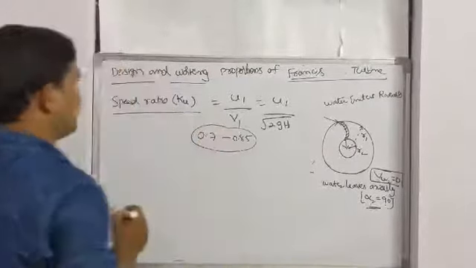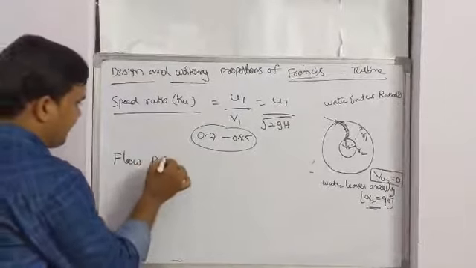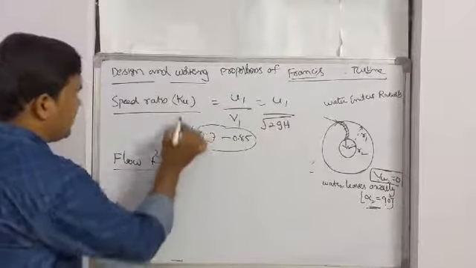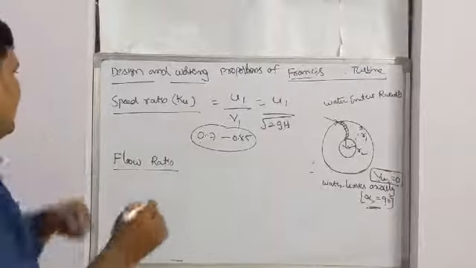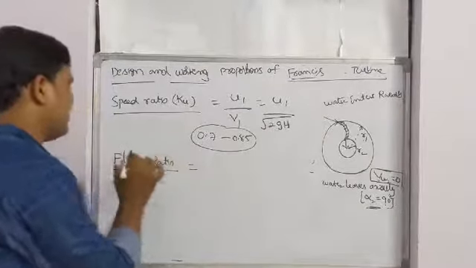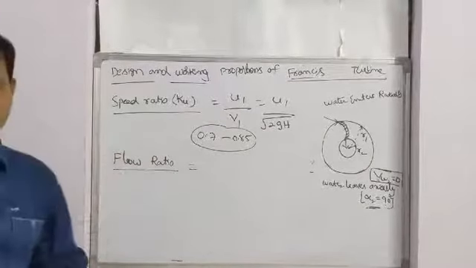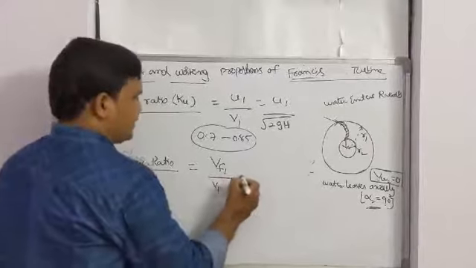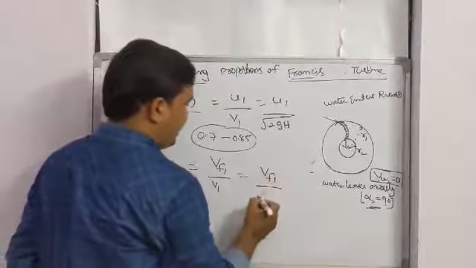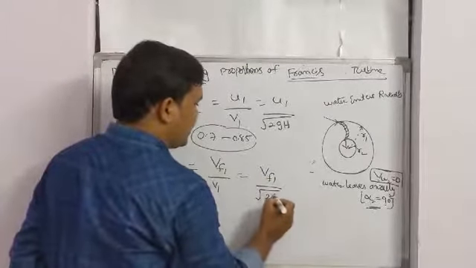And coming to the flow ratio, this is a new term in a Francis turbine. In the Pelton wheel turbine we discussed only the speed ratio, but in a Francis turbine and Kaplan turbine, that is a reaction turbine, the flow ratio is there. The flow ratio is nothing but inlet flow velocity by inlet absolute velocity. We write Vf1 by V1, again V1 is root over 2gH.